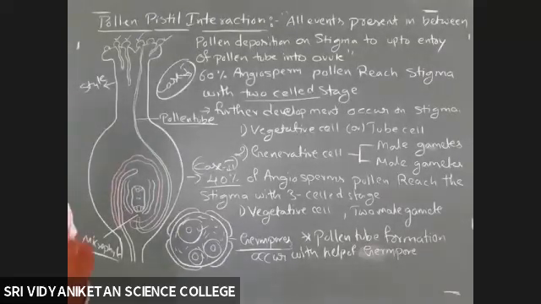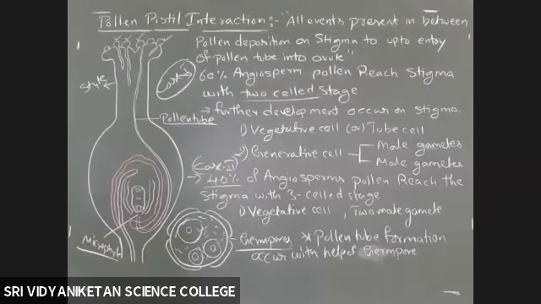Whenever it recognizes the pollen grain as the wrong type, it rejects its germination. It is a dynamic process mediated by chemical components present around the pollen grain.